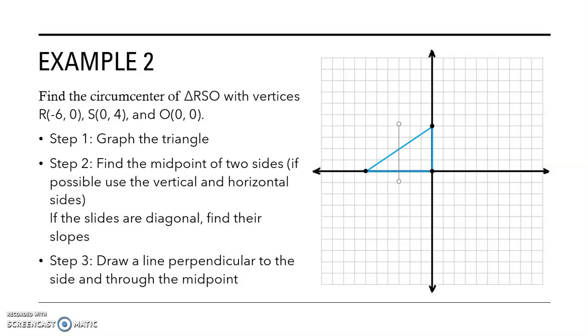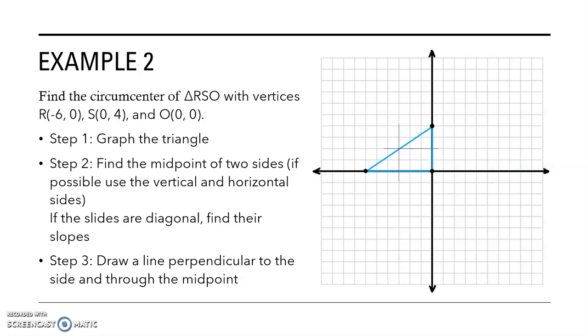Then I would do the same thing for the other line. This line is 1, 2, 3, 4 boxes long. So to draw a perpendicular bisector to it, I would go 2 boxes up and then draw a horizontal line because that was a vertical line. So I have these 2 lines that I've drawn, and where they cross is going to be the circumcenter.